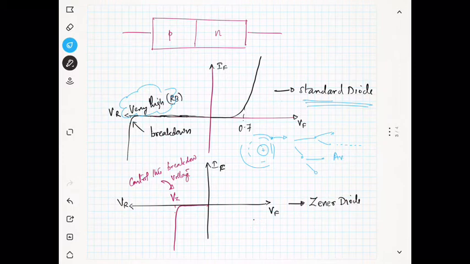That's why we usually call it avalanche breakdown in the case of the standard diode.